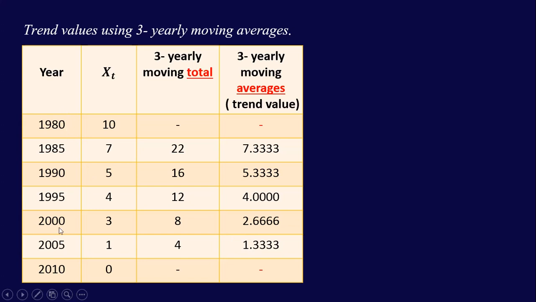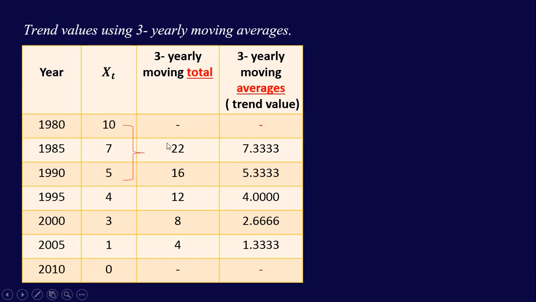Now here are the years and this variable xt, that is IMR per thousand. Now for the 3 yearly moving total, we consider the set of first three observations 10, 7, 5. We add them: 10 plus 7 plus 5, we get 22, and we write this total in front of the middle of these three. Now the middle of these 3 years is 1985, so we write this total in front of the middle year.